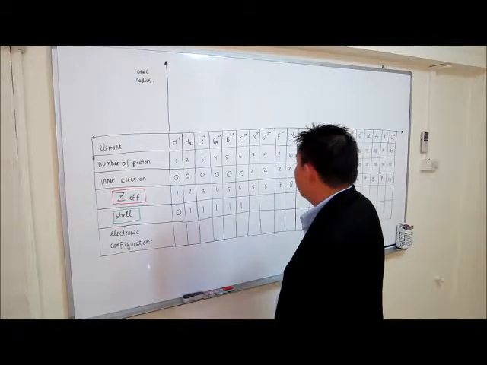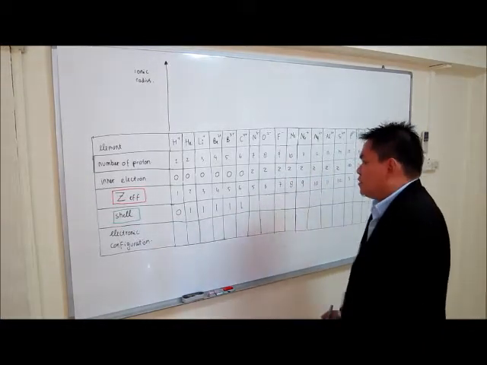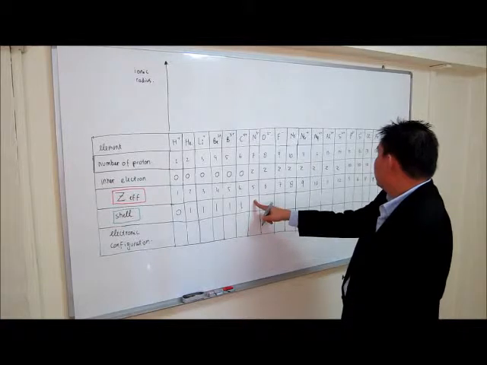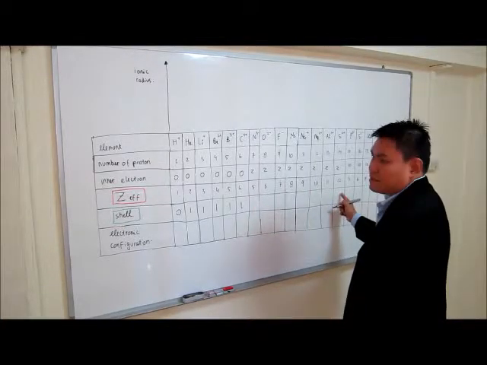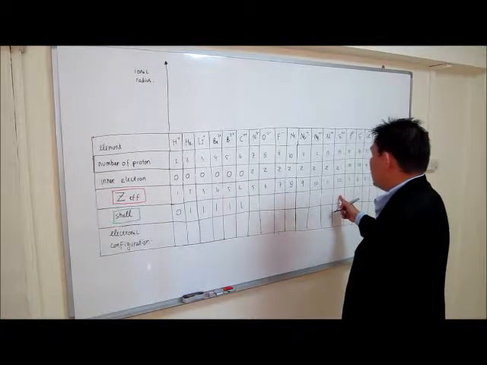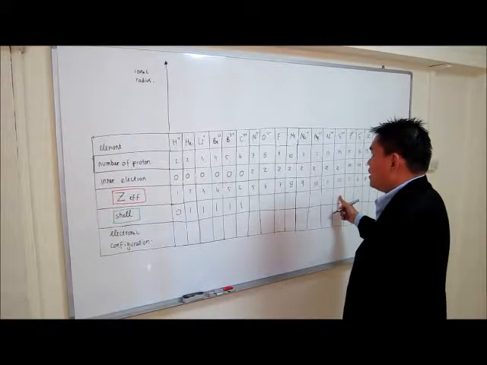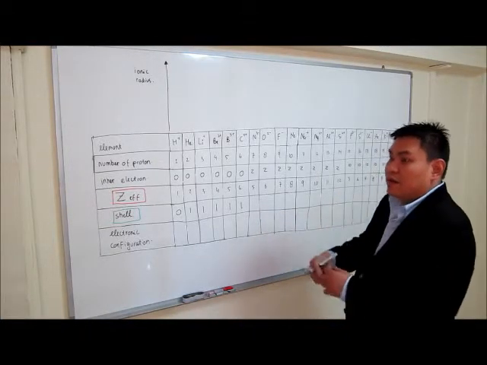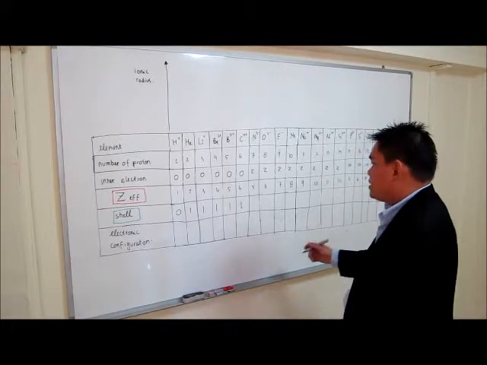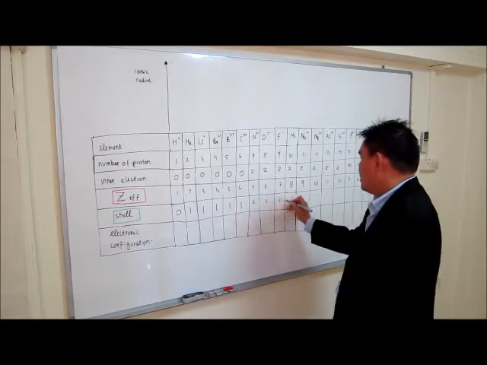So they have only 1 shell. From nitrogen 3 minus to silicon 4 plus, each of them has 10 electrons, 2 on the first shell, 8 on the second shell. So they have 2 shells.